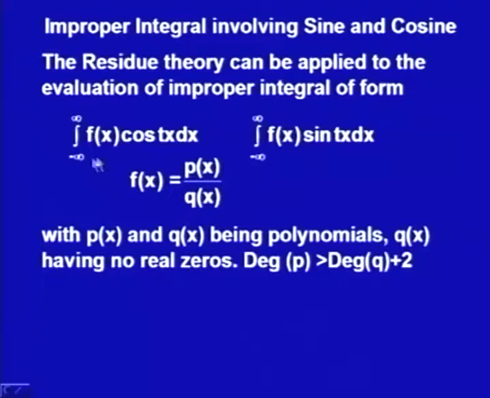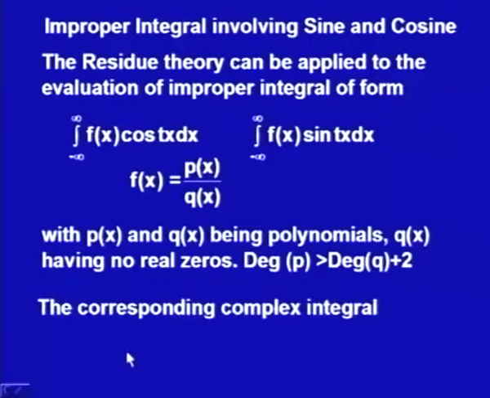Moreover, now we have integrals of the form f(x) cos t x or f(x) sin t x. We can handle these using just one corresponding complex integral of the form f(z) e to the power i t z.